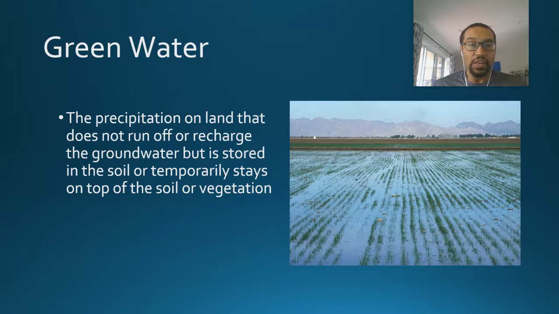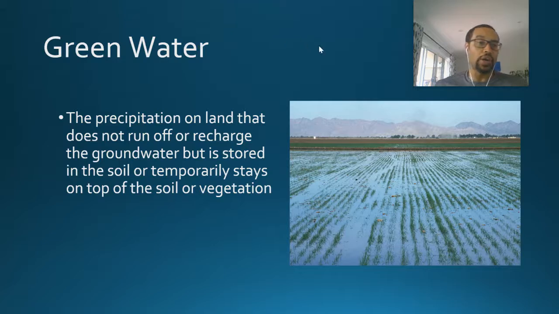And depending on the morphology, meaning depending on the slope and the terrain, you could get some of that water after a little while just stored in the soil, or if it becomes fully saturated, staying on the surface of the soil. So you see sometimes fields that are inundated with water or depressions that are inundated with water after substantial rainfall.